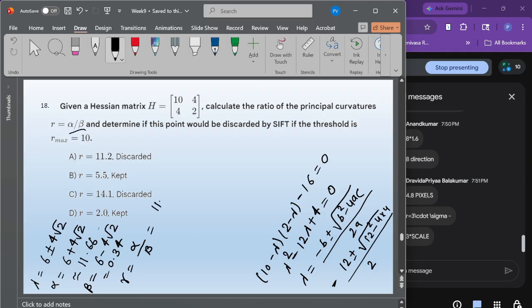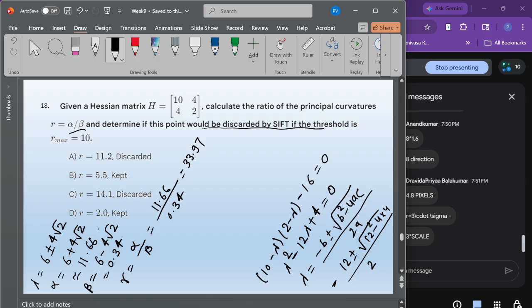Alpha is 11.66 and beta is 0.34. If you divide, you will get 33.97. Now next they have asked to determine if the point would be discarded by SIFT if the threshold R maximum is given as 10.